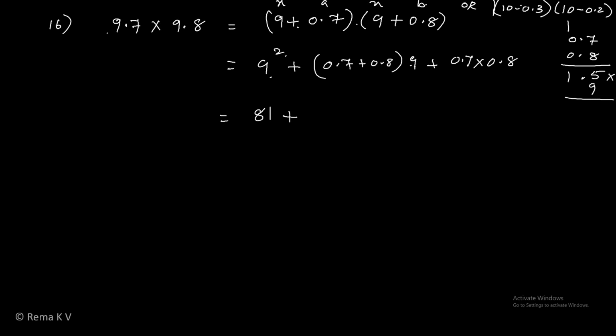Only when you multiply two decimal numbers, count the number of decimal places together. So it is 13.5 plus, what about the product? 0.56.